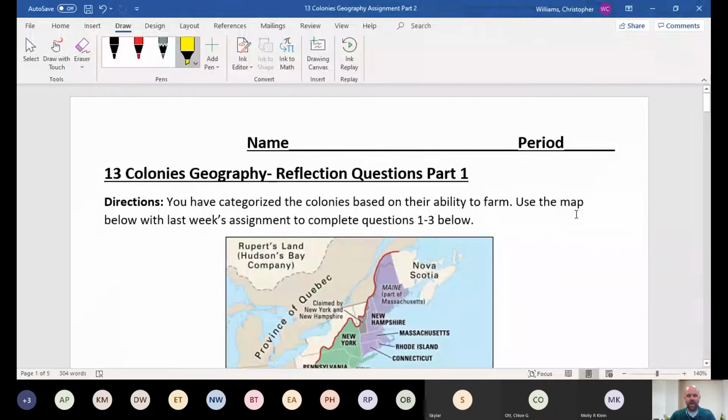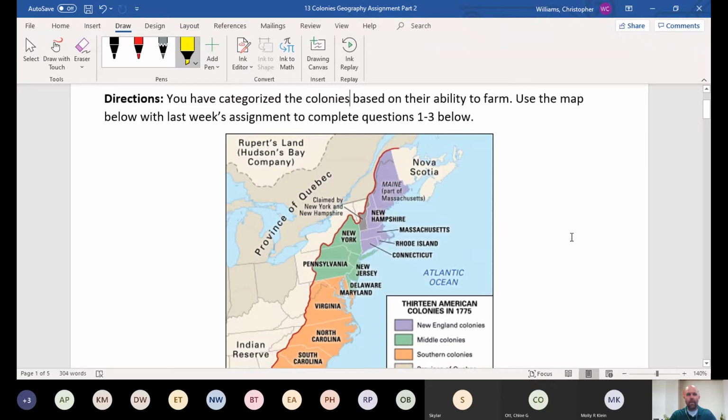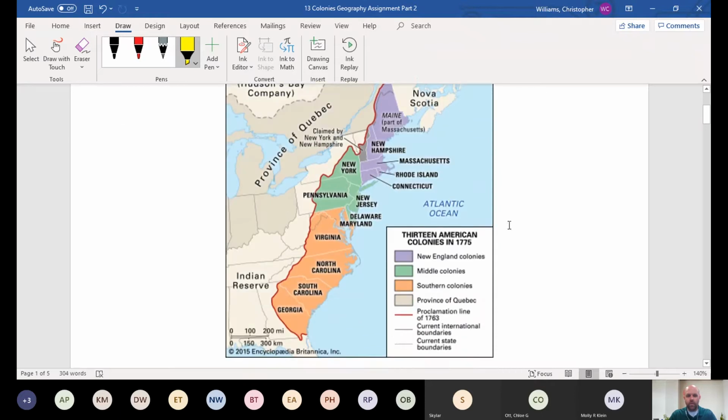Okay, this is what you should have in front of you on your screen. Again, if you do not have this, you can find this and download it and just put it in Notability. It's from yesterday. So you go to the 26th, click on period 6, find this assignment, okay? Now, this map shows you the 3 different groupings of colonies.